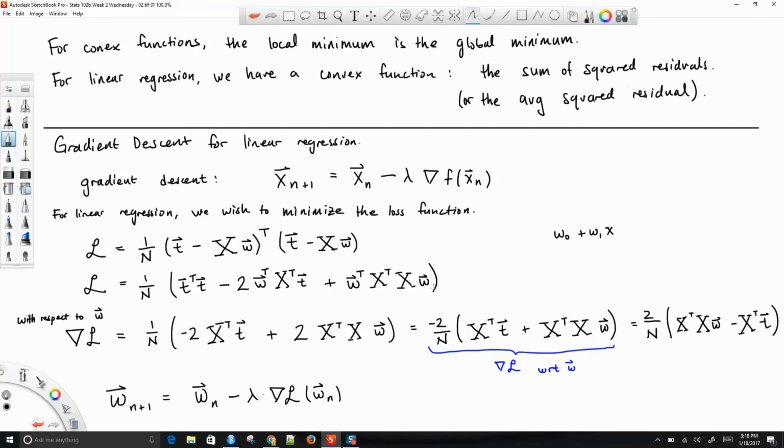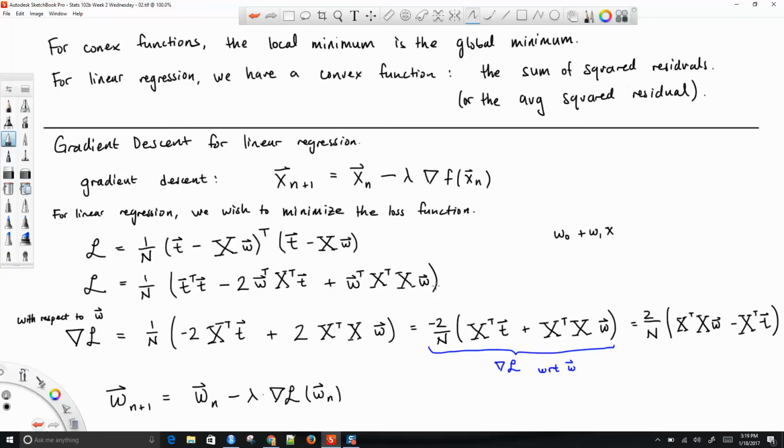Effectively we're just making this a scalar. W transpose X is a scalar, X transpose X W is also a scalar, so we're okay there.